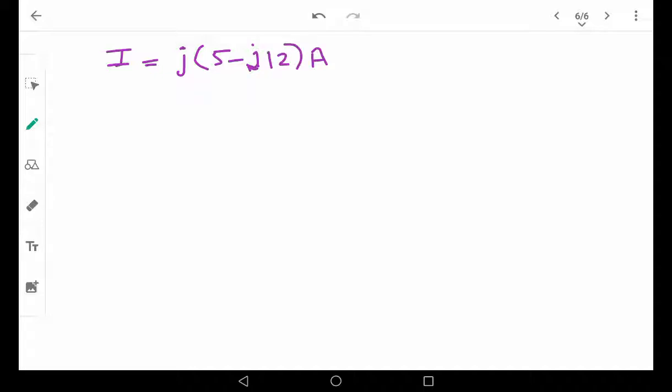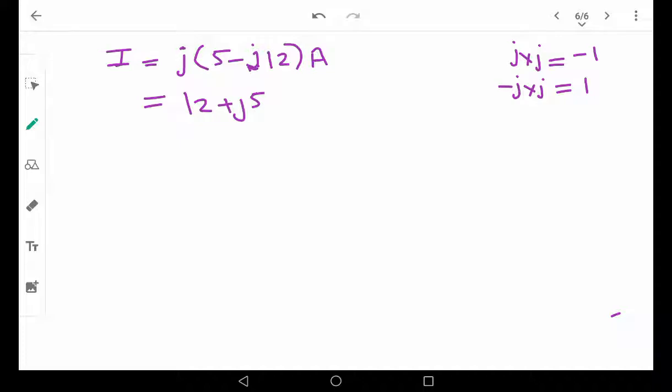This is also a phasor. You can multiply: j into j equals minus 1, and minus j into j equals 1, right? If you use those identities here, this will come to be equal to 12 plus j5, isn't it?